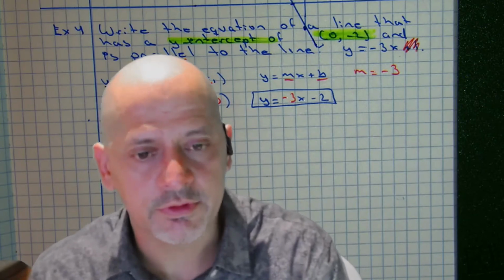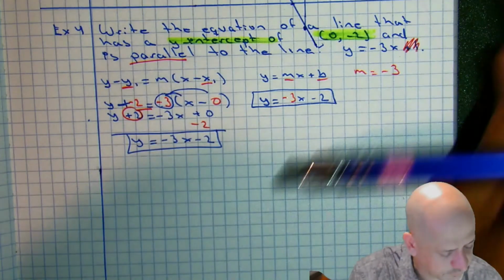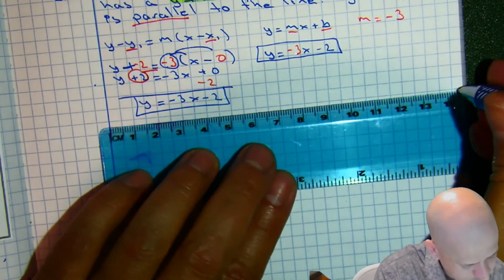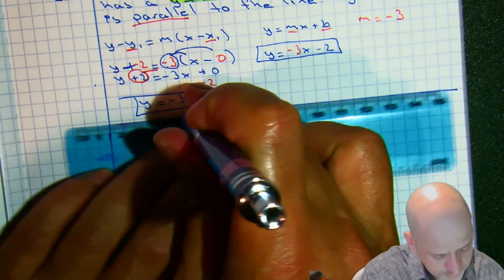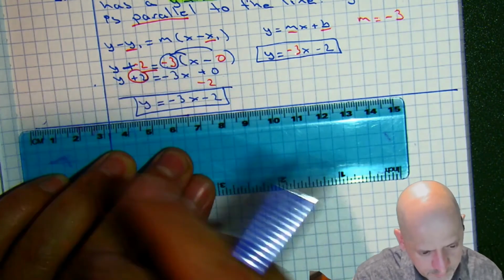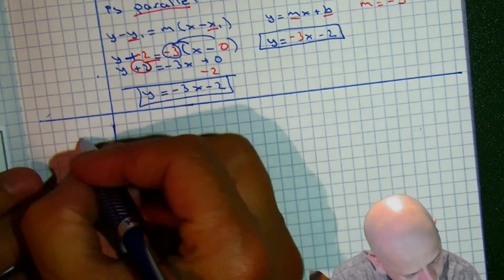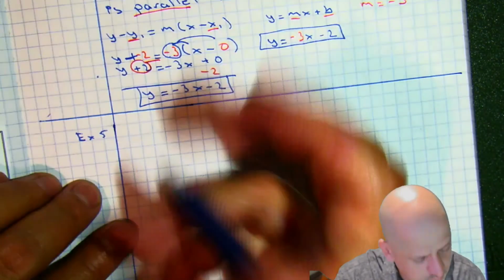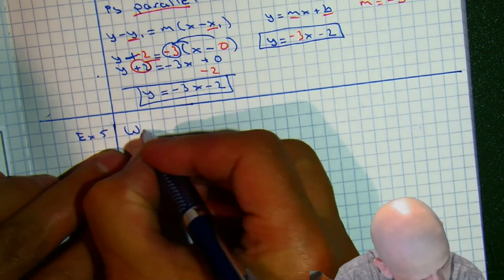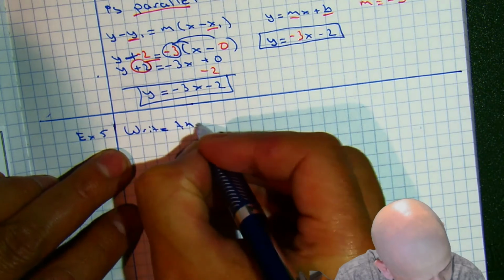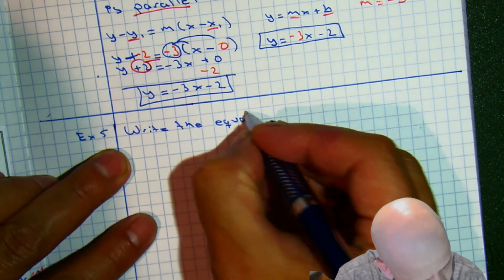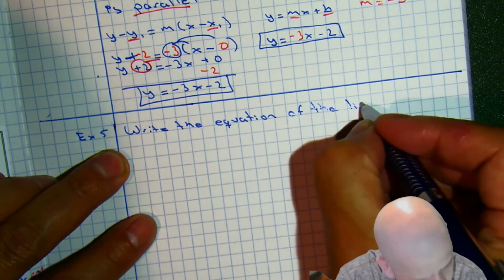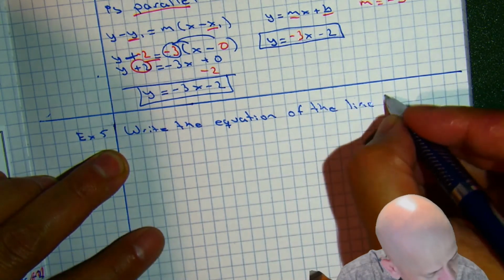And the last example for today, example number 5. Write the equation of the line that passes through the point.